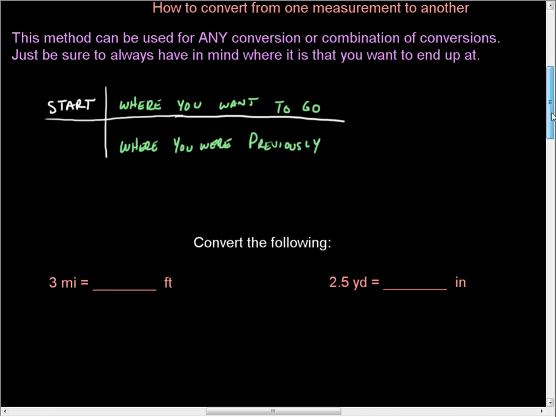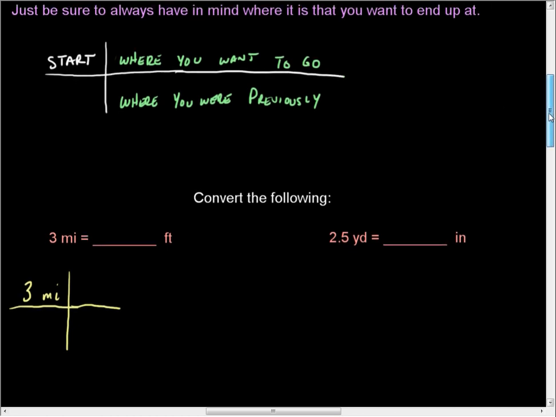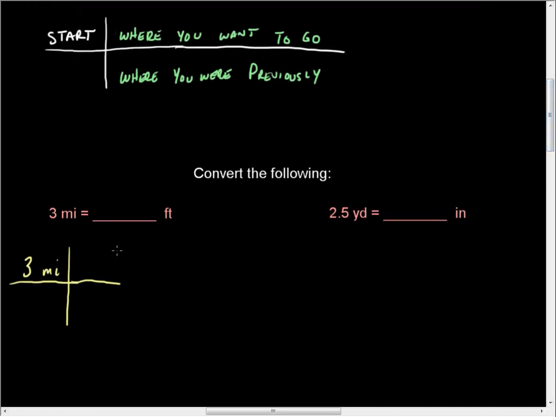So, for this first one, we want to convert 3 miles to feet. I want to know how many feet there are in 3 miles. Okay, well, I'm going to start in miles, so I'm going to start with 3 miles. The very next thing that goes on, though, is a conversion, and the conversion is dependent on where you were and where you want to go.